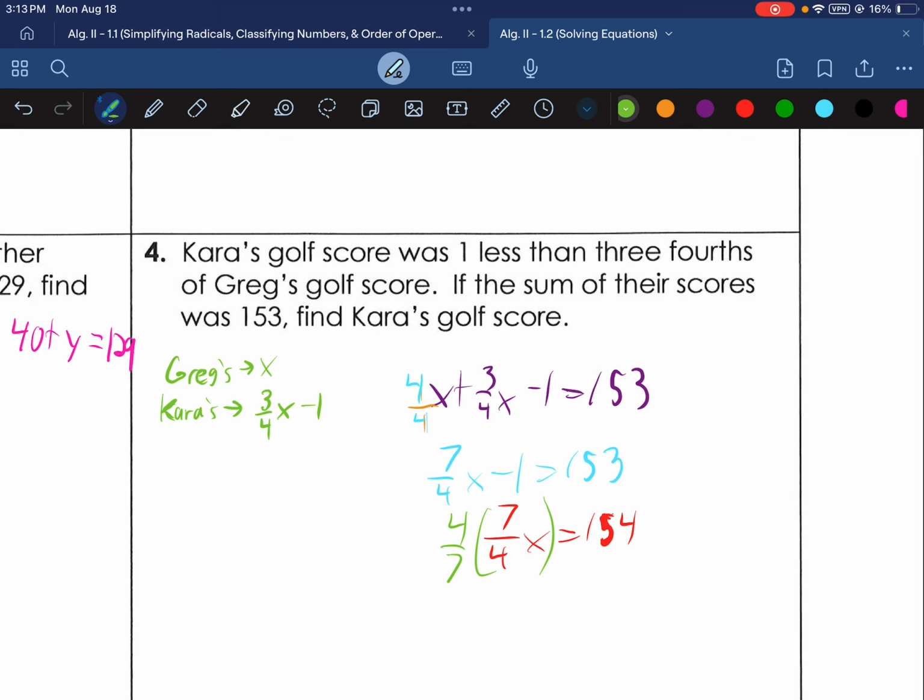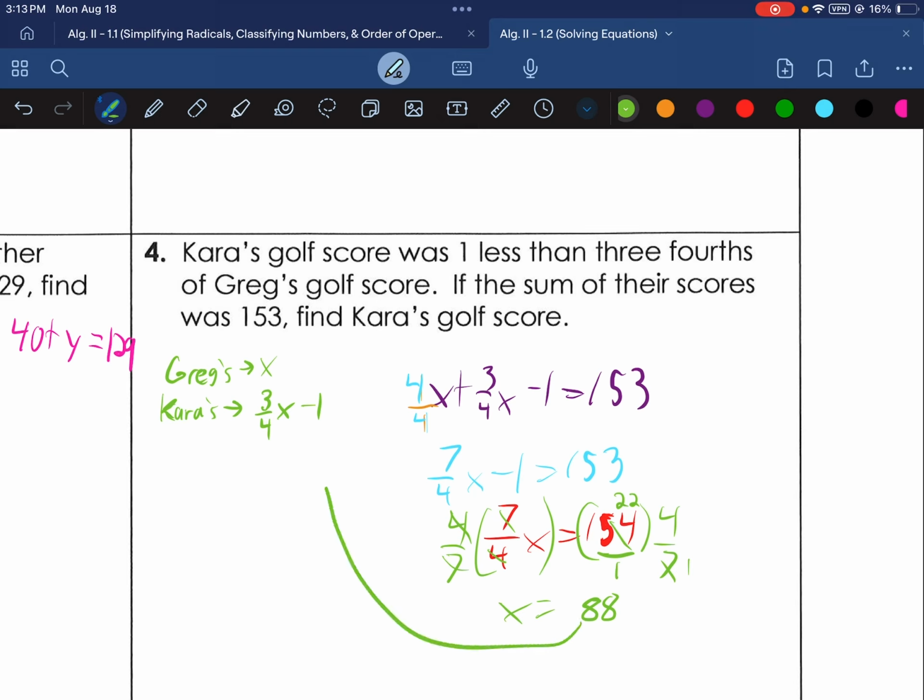And now I'll multiply by 4 over 7 on both sides. And 7 goes into 154 exactly 22 times. And if we do 22 times 4, we get 88.